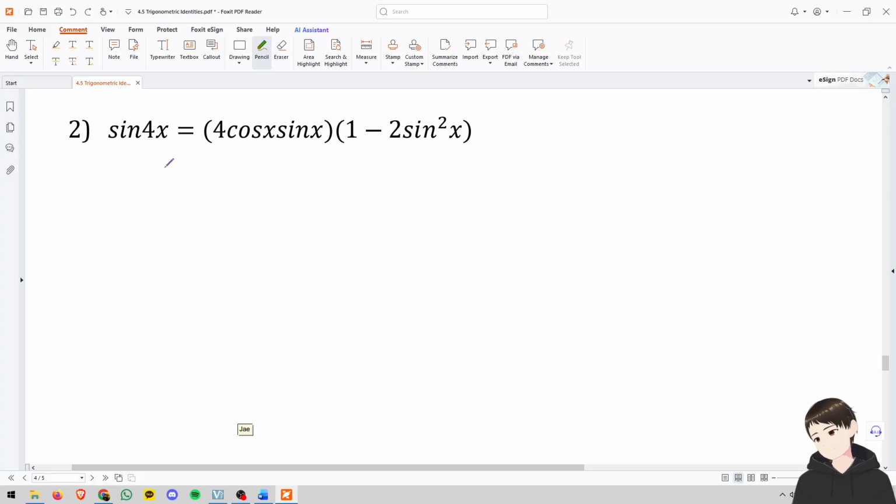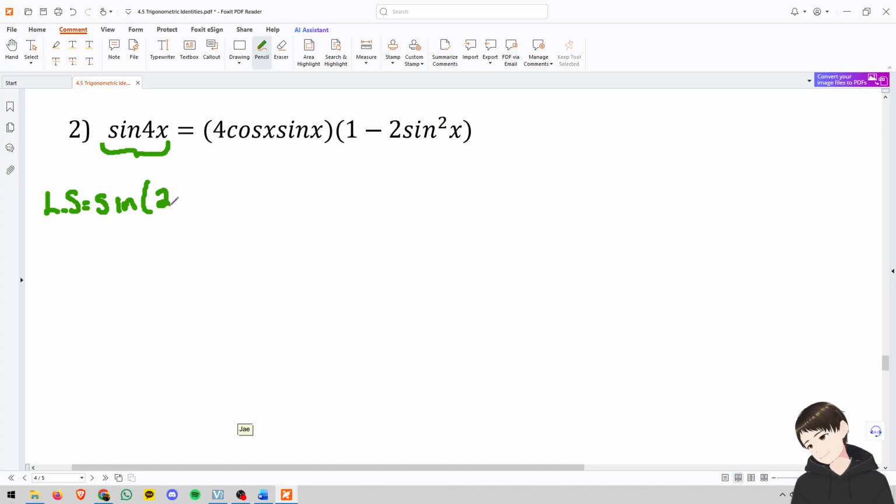Let's try it. I am going to first take this side because there's a lot to expand here. Sine 4x is actually sine of (2x plus 2x). That's how I'm going to approach it. Another reason I'm approaching it this way is because all the angles that I see on the right side are just single x's. What is the only way I know how to take a multiple angle and turn it into smaller ones? That would be the double angle formulas.